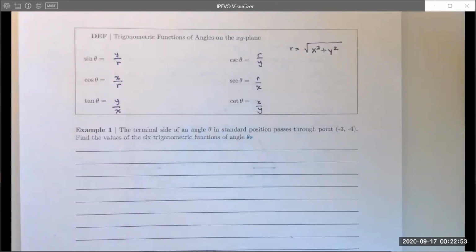Okay, so let's see it with some numbers now. Example 1 reads, the terminal side of an angle theta in standard position passes through the point (-3, -4). Find the values of the 6 trigonometric functions of angle theta.